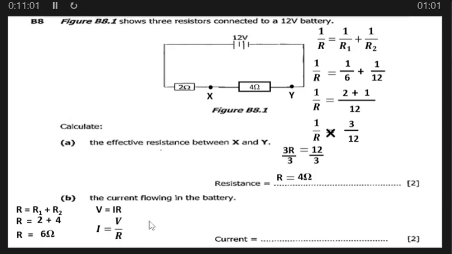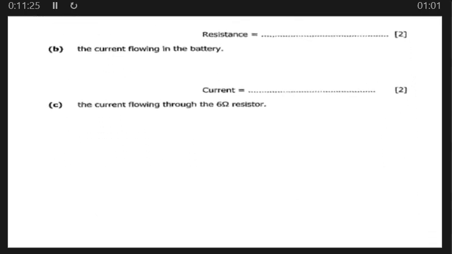So we'll substitute to say current is equal to voltage 12 divided by resistance 6. Then we are going to say current is equal to 12 divided by 6, 2 amps. So our current here becomes 2 amps. So this means that the current which is flowing through the electric cell is 2 amps. So let's go to the next question.